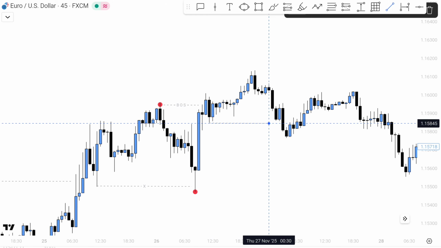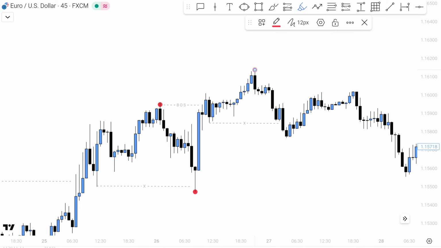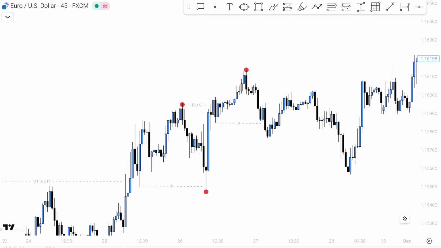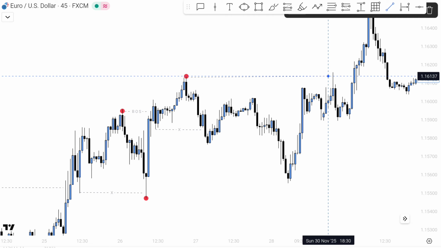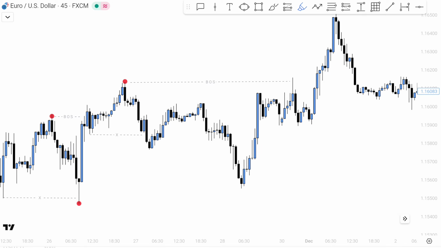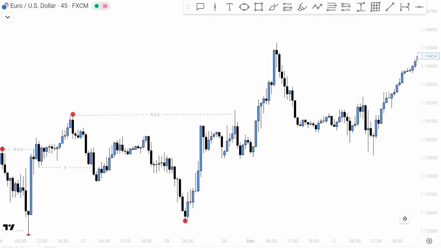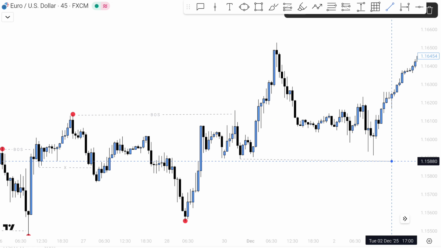At this point, market took out the liquidity, so our higher high confirms at this point, and again market moved to the downside and created the breakout structure at this point. So this point becomes the breakout structure, and the deepest point becomes our new higher low. And again in the same way, market continued to move to the upside and took out the liquidity of this pullback.